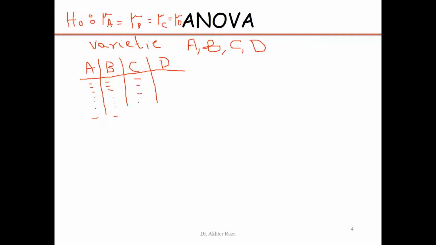Similarly, these are the outputs of the 3 varieties. Now the researcher planted his crop and the outputs are these. So these are the outputs from growing these 4 crops. The conditions remain the same.